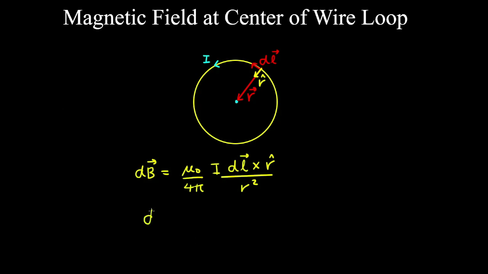So the scalar version is the magnitude of the differential magnetic field is the magnetic permeability on 4 pi by the current by the magnitude of dl by the magnitude of r hat, which is 1, by sine theta on r squared.